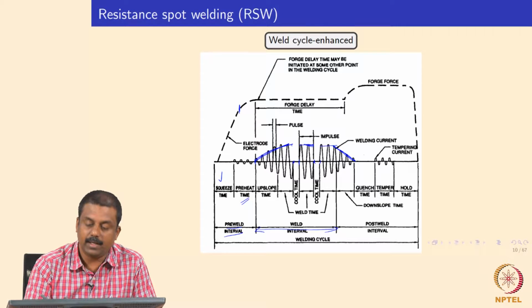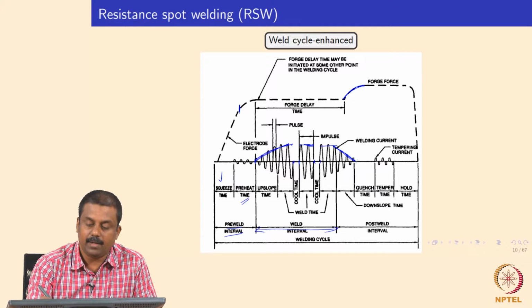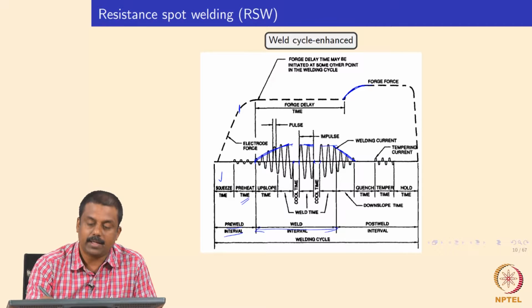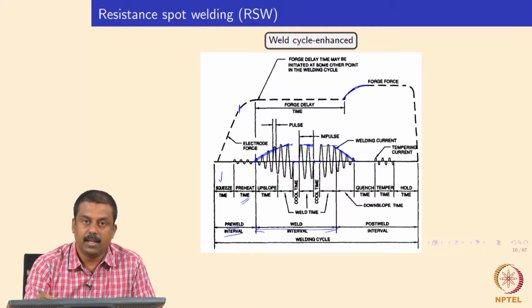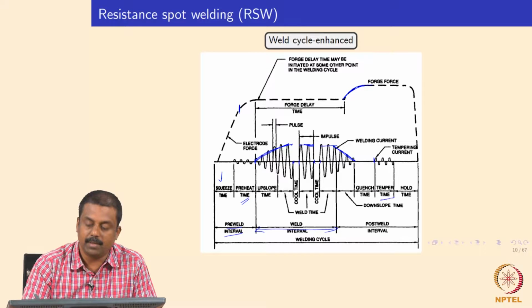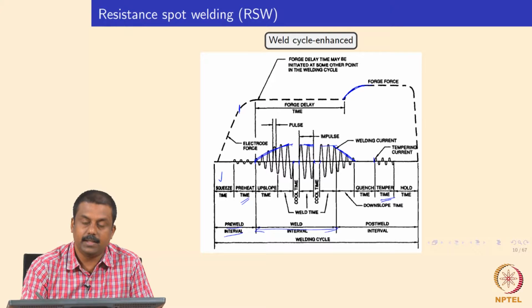After passing a current, we can also increase the load upon cooling, and that can control residual stress development, because we are introducing compressive stresses. So when the transformation is happening, we can apply compressive stresses to mitigate the residual stress during cooling. Subsequently, upon cooling to room temperature, we can apply another pulse, which can heat treat whatever weld microstructure is formed after the first cycle.